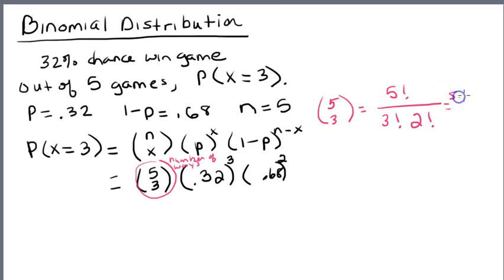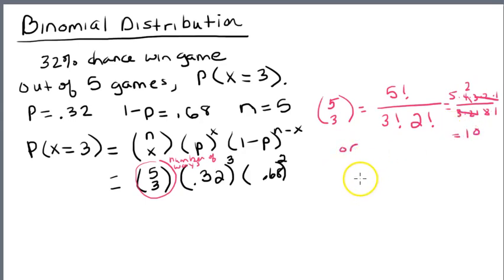So that's 5 times 4 times 3 times 2 times 1 divided by 3 times 2 times 1 times 2 times 1. Notice this is really easy to calculate. A lot can cancel away, and that number becomes 10.